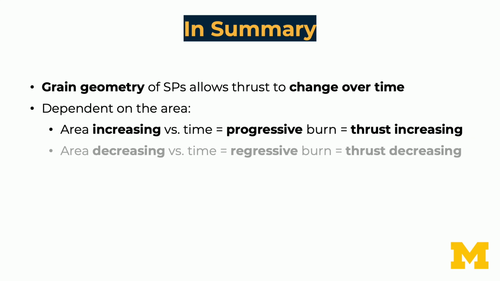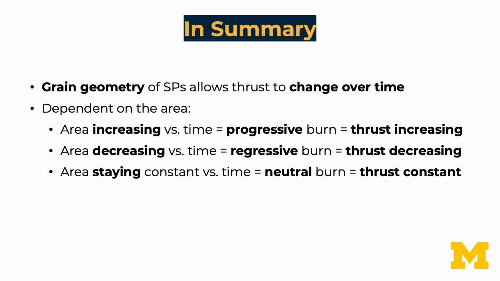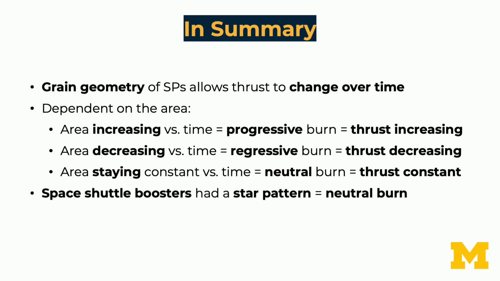Or we can have the area decreasing as a function of time, and that's called a regressive burn, and so the thrust is decreasing. The area staying constant versus time gives you what's called a neutral burn, and so the thrust stays constant. The space shuttle boosters had a star pattern, which is a neutral burn pattern, which allowed the thrust to stay roughly constant over time.